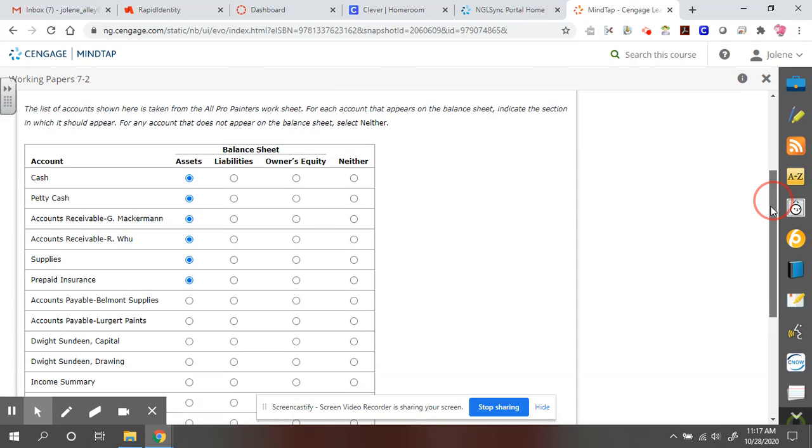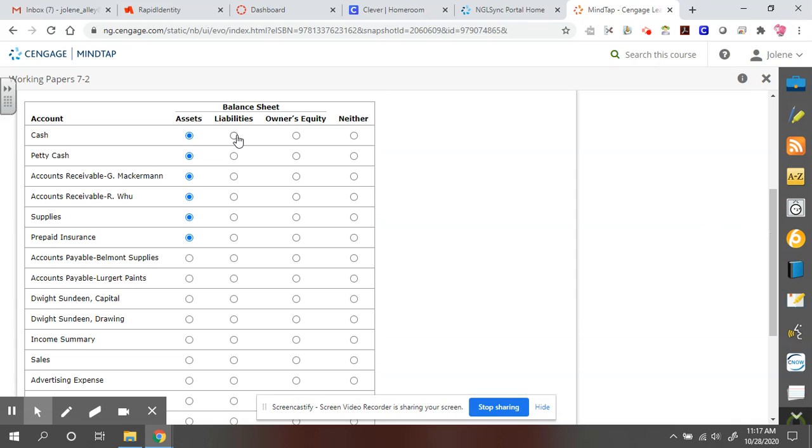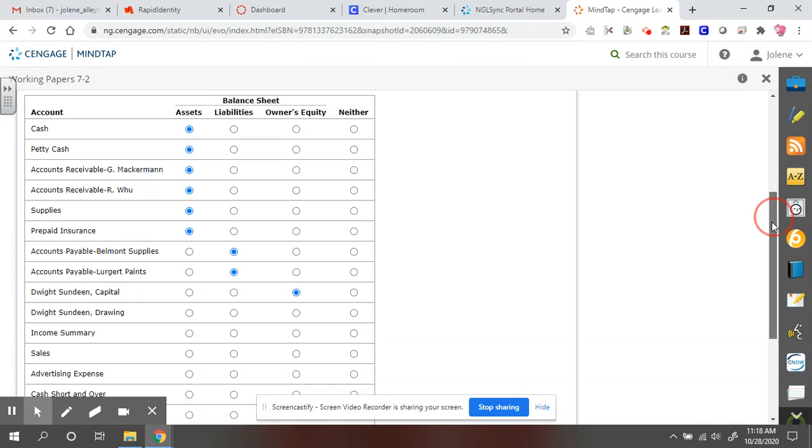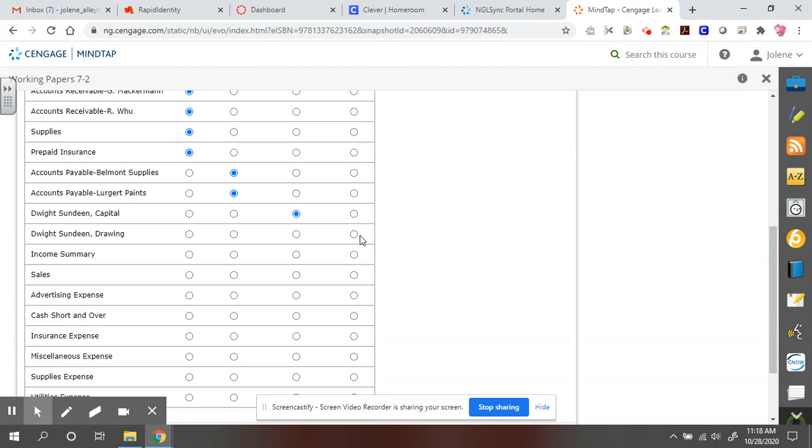Liabilities are those loans that we owe, that we have to pay. In this case, it's accounts payable. Accounts payable are short-term loans. Owner's equity is your capital account, the owner's capital account. Now, the rest of these are not going to fit in with the balance sheet, so we do neither for those.